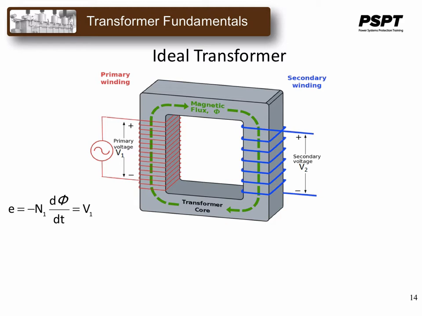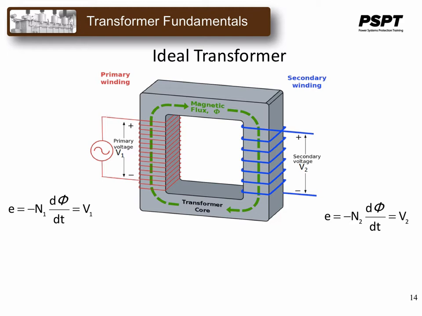And if that voltage is changing, as in the case of AC volts, then the voltage will be given by the number of turns of the coil in the red coil times the changing magnetic flux over a period of time. And we'll let that voltage in terms of AC quantities be V1.